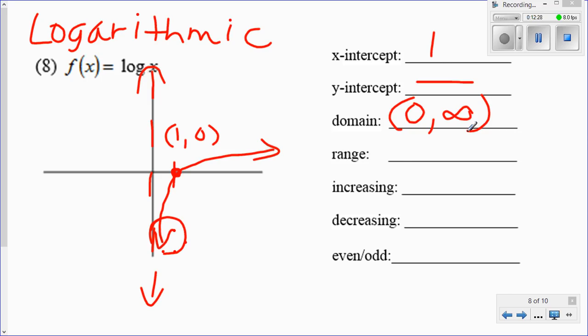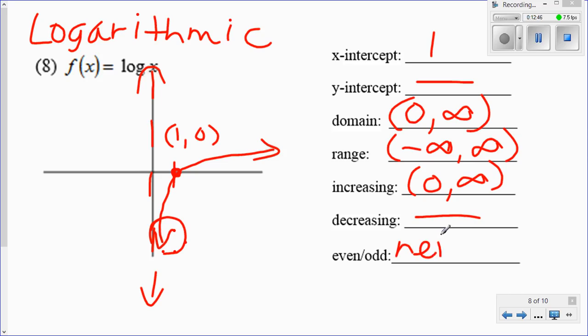And then our range here is all real numbers. Because again, if you look at the graph from bottom to top, we have arrows on each end. Okay, this particular function is increasing, again, from 0 to infinity. It does not decrease. And this one is neither even nor odd.